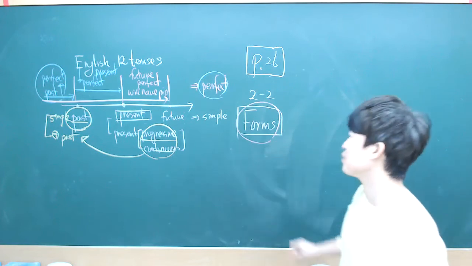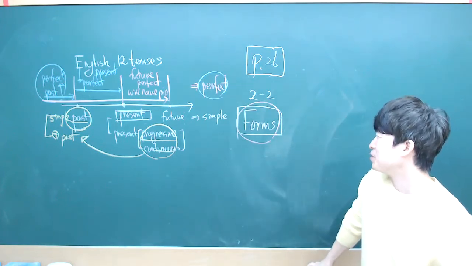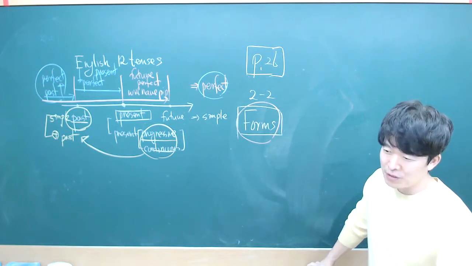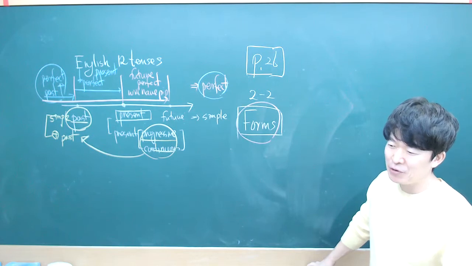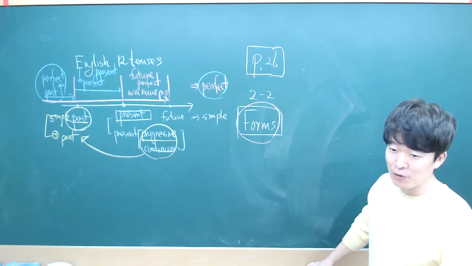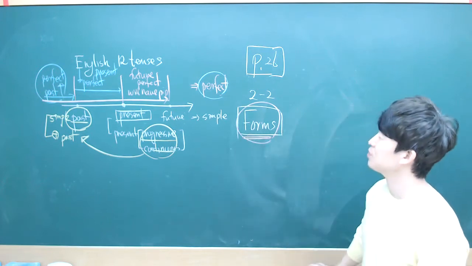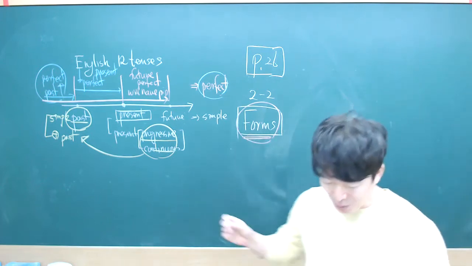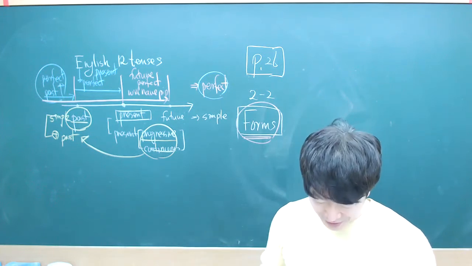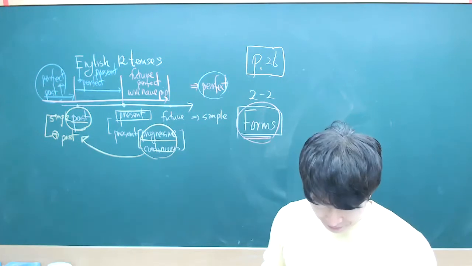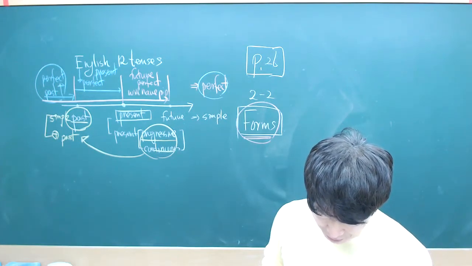If you have difficulty finding the correct forms, it will be very difficult to deliver what you intended in your mind. So we have to remember correct forms of the verbs: regular verbs, irregular verbs, and the last one will be the be verb.